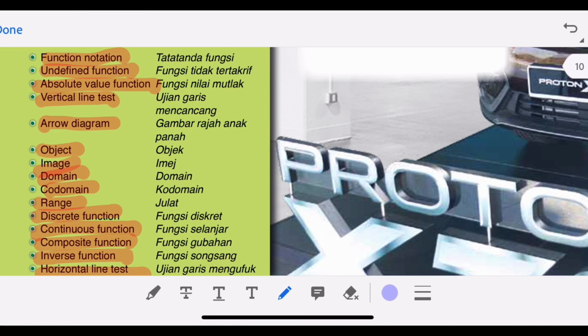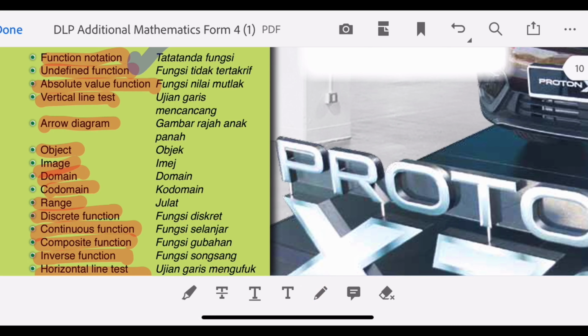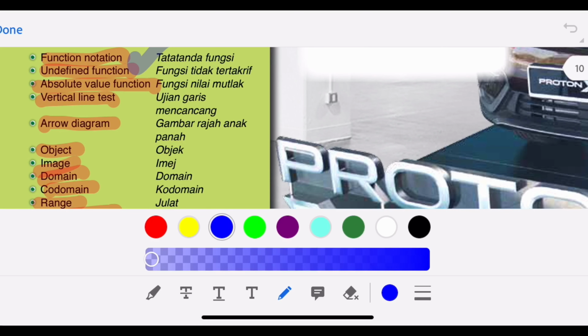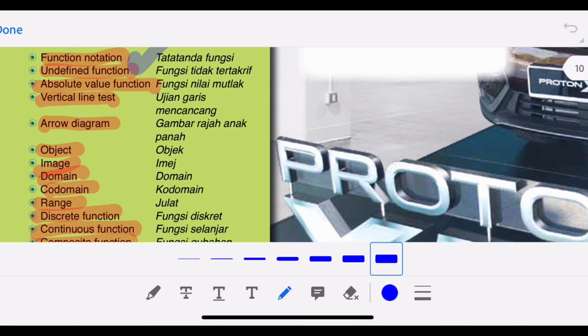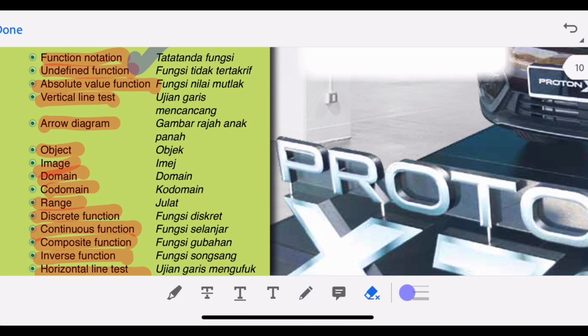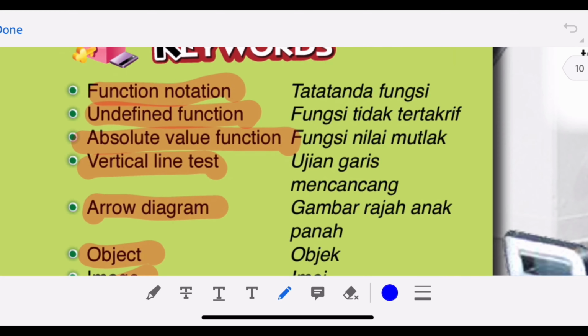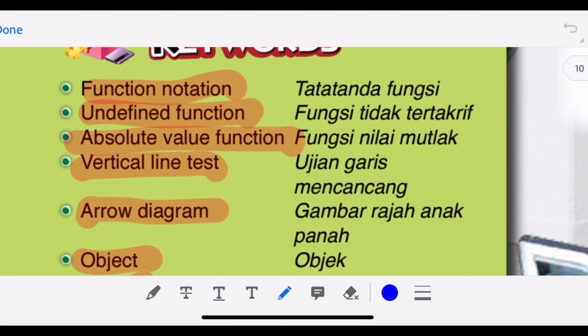master the function well. For this function, they also bring in the idea of our national car, Malaysia's national car, which is Proton. It is the new model, the Proton X70.